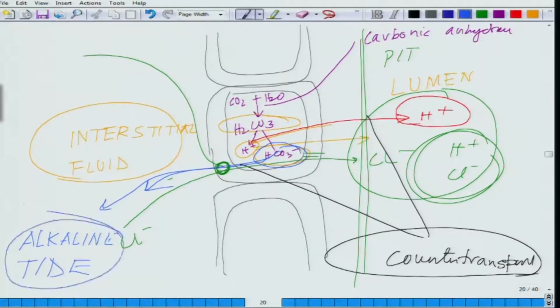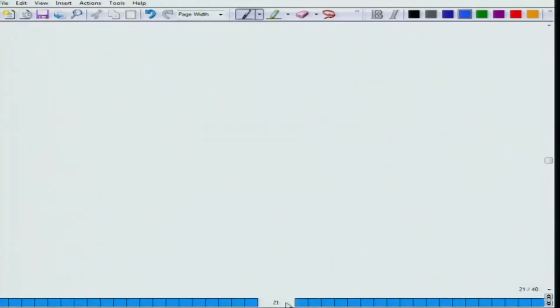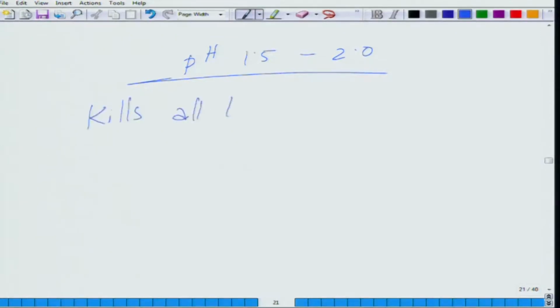There is a sudden influx of the bicarbonate ion. So, what does this HCl do? The pH goes to 1.5 to 2, and what it essentially does is kill all the microbes. This is the major job it does.